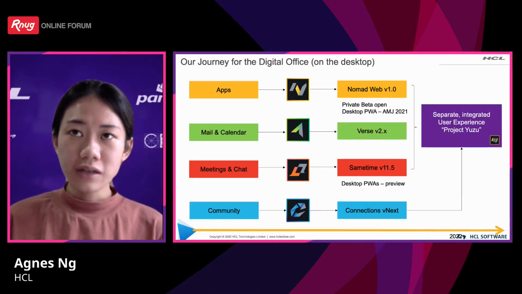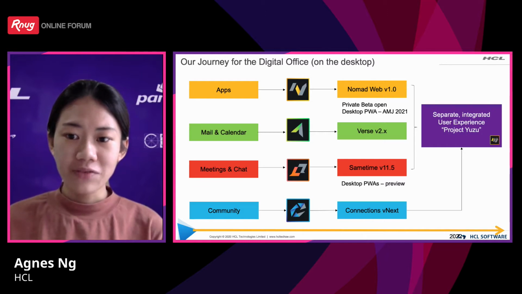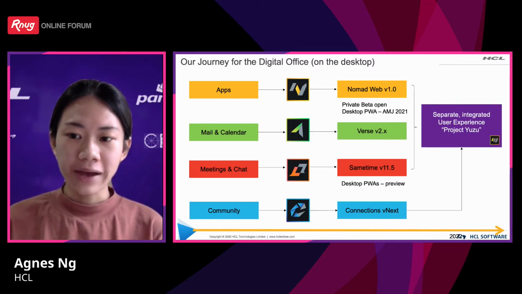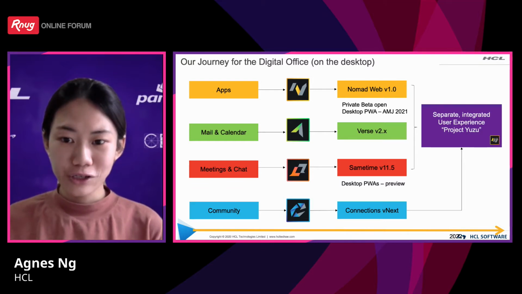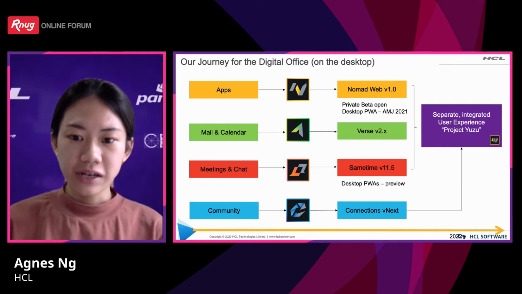So I have talked a lot about the PWA, and if you have joined some of the sessions earlier this week, you may have heard that PWA is one of our main directions, and we are getting PWA for all our products now, including Nomad, Verse, Sametime, and also Connections.